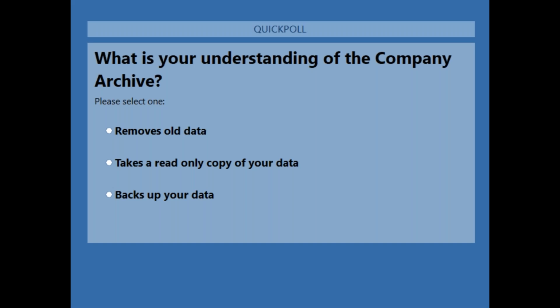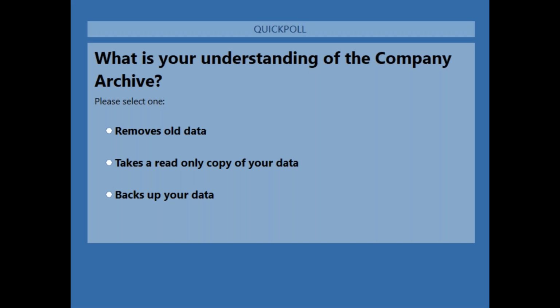It's just to test your knowledge to see where people are at and what their understanding of the company archive already is. If you can just pop your votes in, I can see they're starting to come through now. If you're not sure, just take a guess. What we usually do is we wait until we get around 70%, and then we'll close that poll. And then I can share the results with you as well.